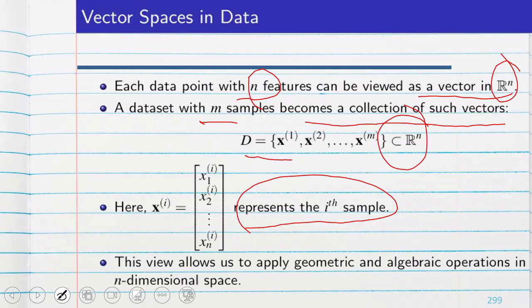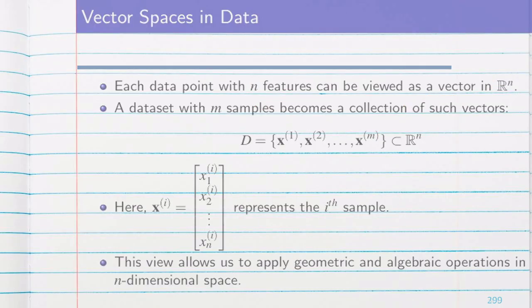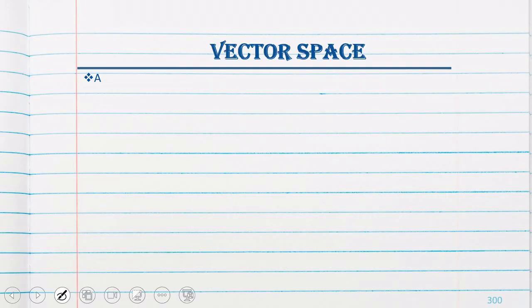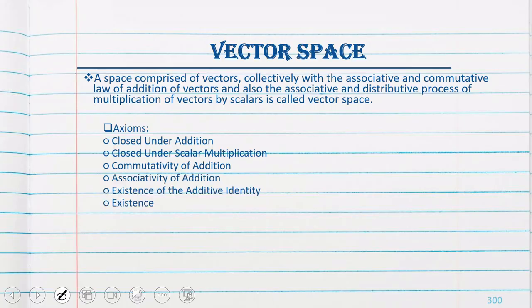This view allows us to apply algebraic and geometric operations in n-dimensional space. That is vector space. A space comprised of vectors, together with the associative and commutative laws of vector addition and also the associative and distributive properties of multiplication of vectors by scalars, is called a vector space.